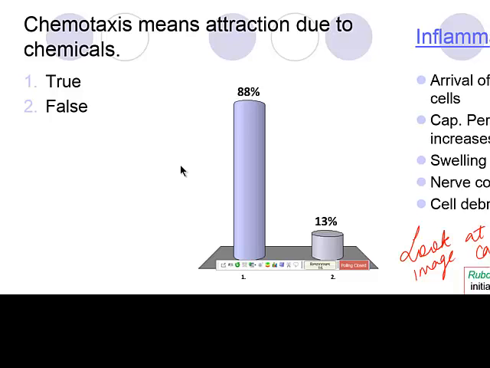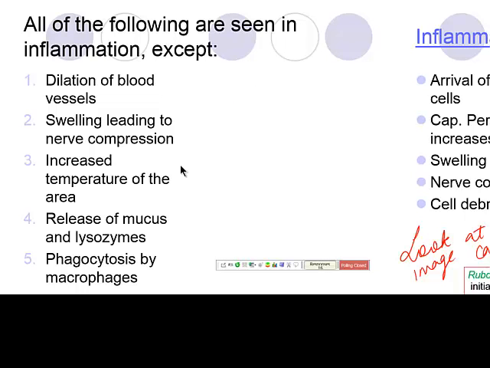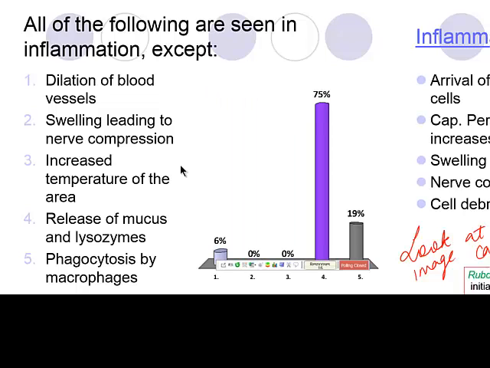Most of your answers are often given in the slide. Let's see which of these is not a feature of inflammation. I'm glad you all chose mucus this time. Yes, mucus and lysozymes are not released at this time.